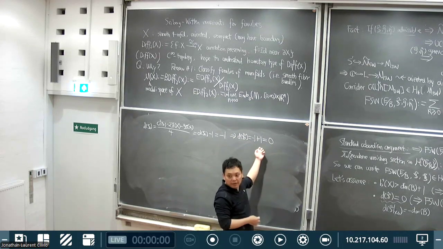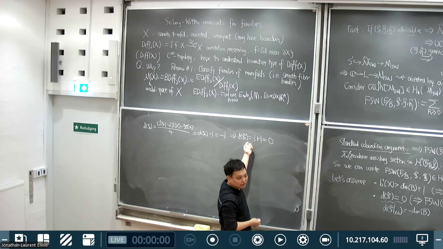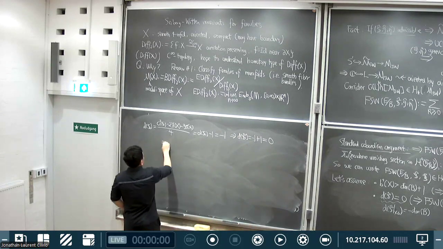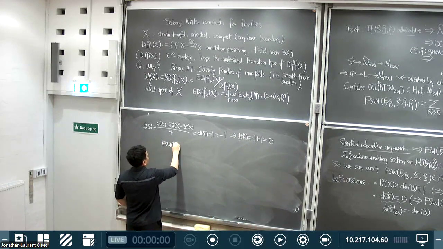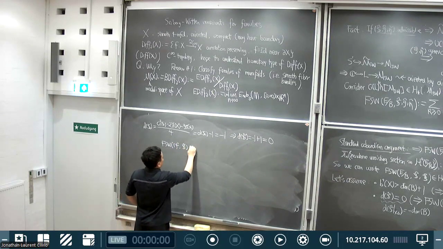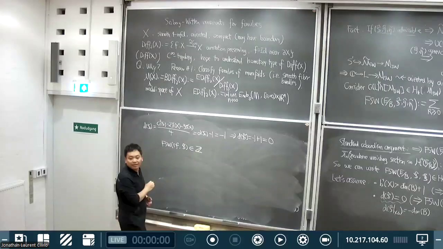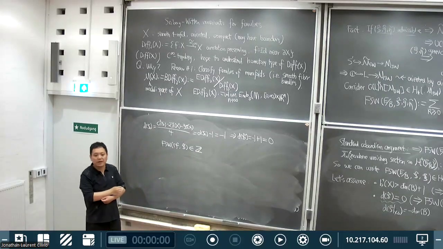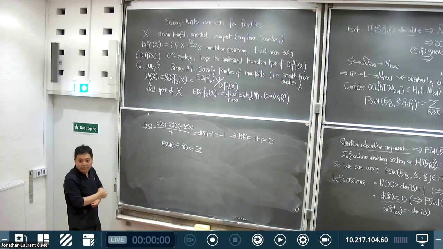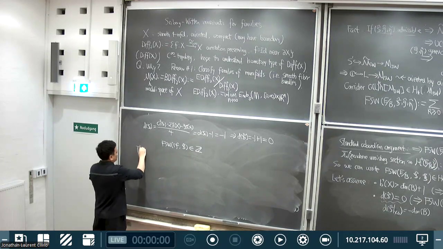So the base dimension compensates this fiber dimension. So that's 0. So that means the family Seiberg-Witten invariant of this is a number, because the expected dimension is 0. Now, what's this number?